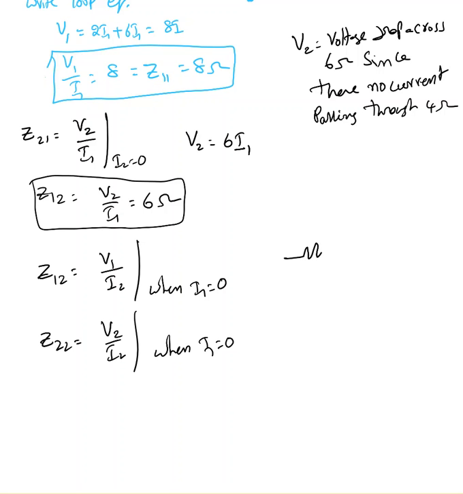So it's the same circuit. I'm not changing any circuit elements. This is my V1, here is my I1, here is my I2 and V2. I'm going to find Z22 first because it's easy, and then I can come back for Z12.